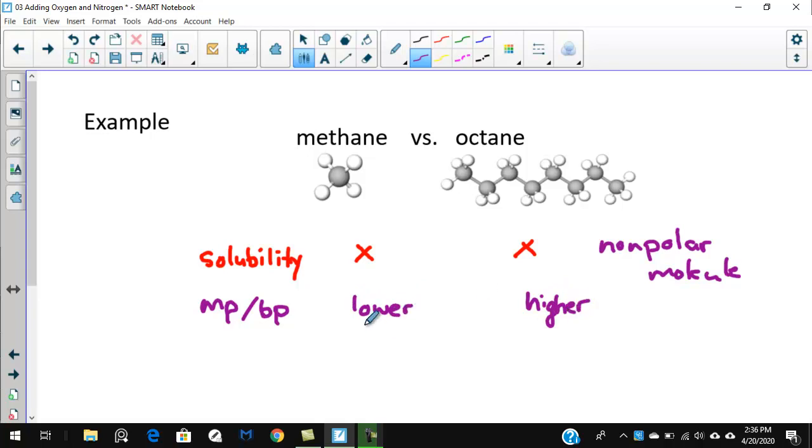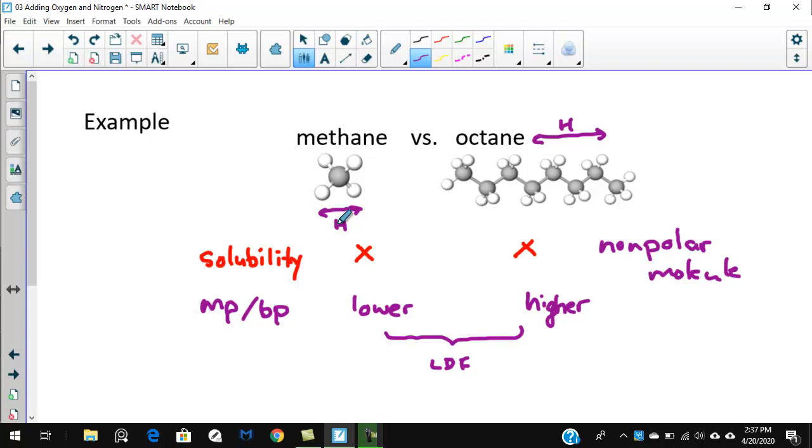The difference between these is their ability to make London dispersion forces, or little attractions between molecules. So when I add heat and these molecules start shaking, and their shaking gets increased by the addition of heat, the methane molecules will separate and turn into a liquid or a gas much easier than the octane molecules, where I have to add a lot more heat to get them to shake apart and form a liquid or a gas.